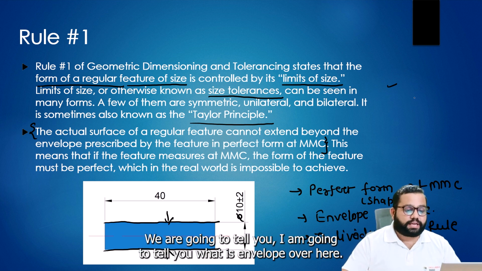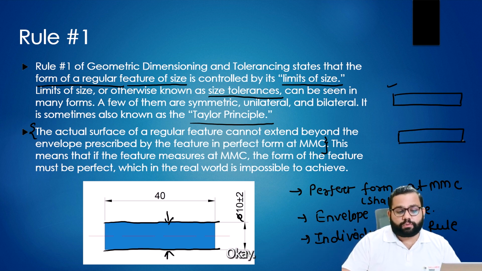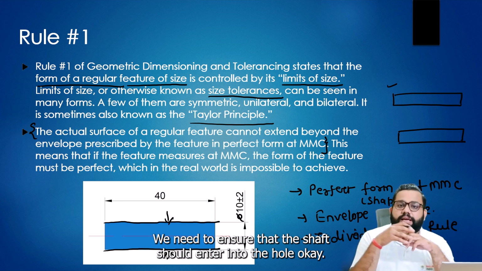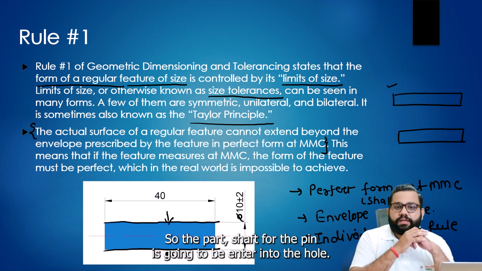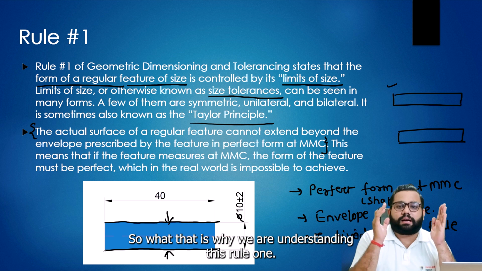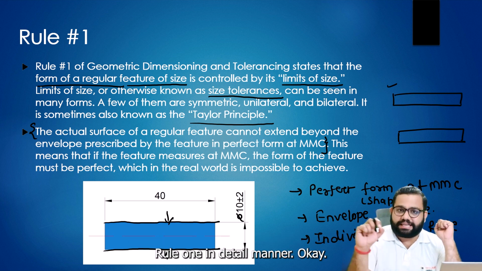I'm going to tell you what the envelope is over here. Why are we learning rule one? We need to ensure that the shaft enters into the hole. The part, the shaft or the pin, is going to be entered into the hole. That's why we are understanding this rule one in a detailed manner.